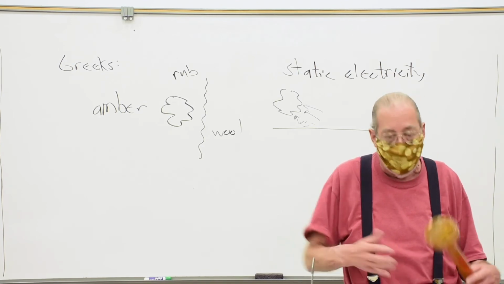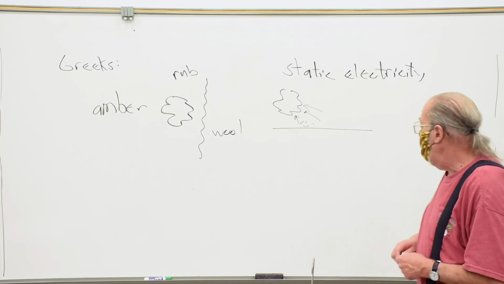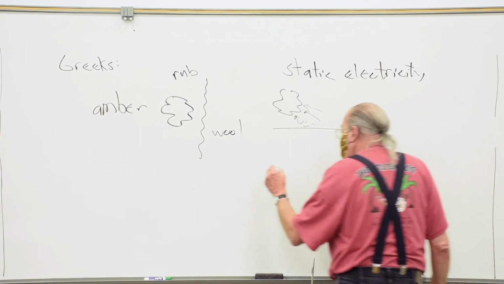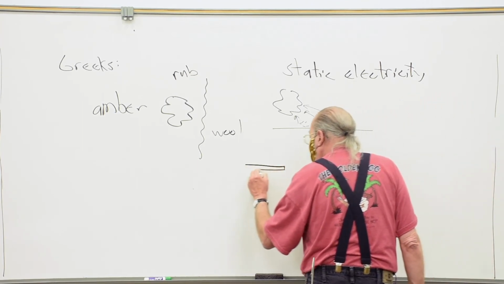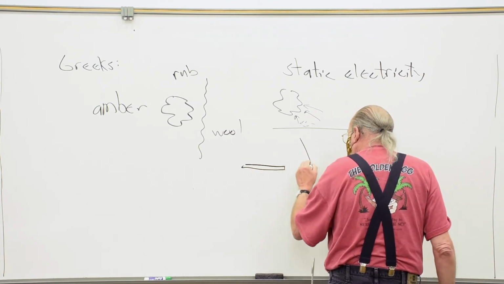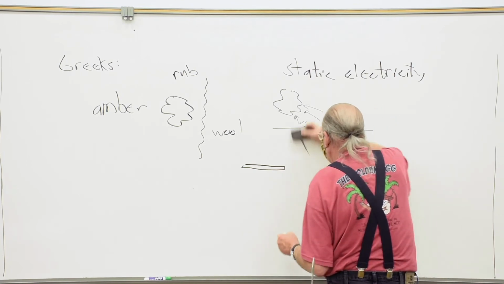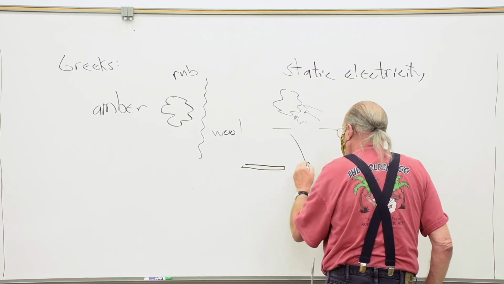You don't want your dress or whatever to draw that cat fur, okay? But it appears that if you touch a rod, charge it up, and then touch it to something, that something is pushed away. Okay?